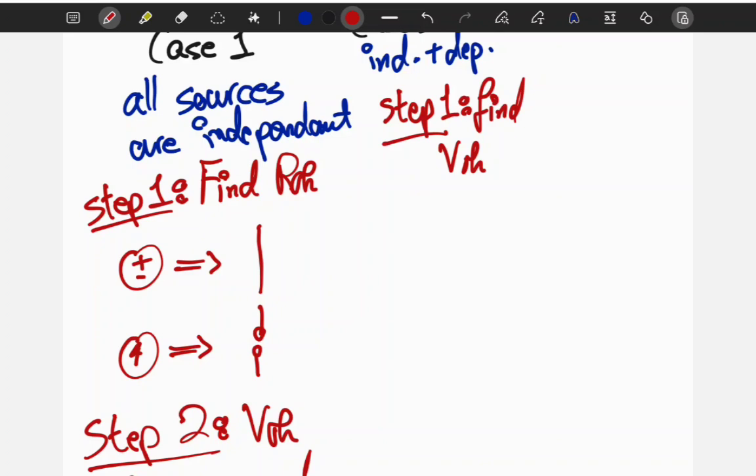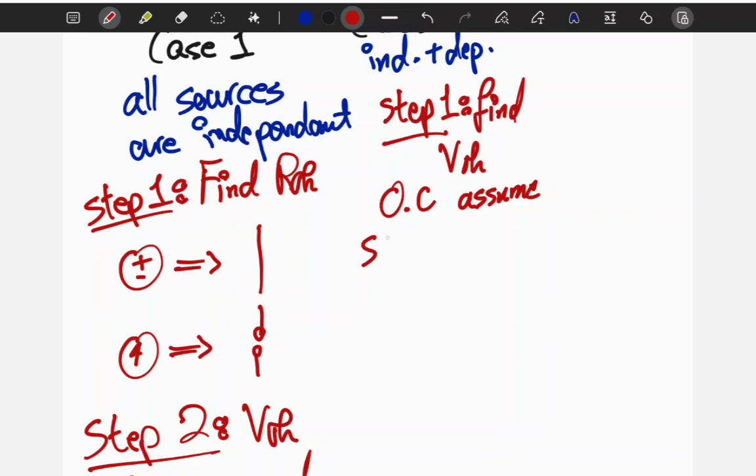No current flows through Thevenin. So we find it by the usual means, right? I'm going to say this: assume open circuit. So you can find it by the usual means, like node voltage, mesh currents, KCL, KVL, anything really works. Source transformation, even, if that makes your life simpler.